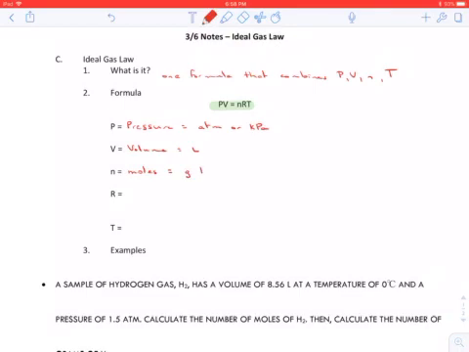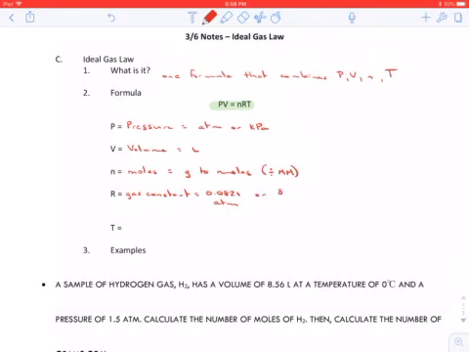Sometimes you might have to go from grams to moles, and remember, to get from grams to moles we're going to have to divide by the molar mass. R is our gas constant. With the word constant in there, you should know that it is constant, but we have two different options. We have 0.0821, if your pressure is in atm.